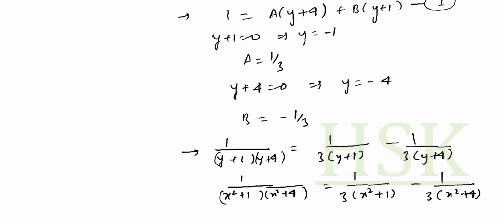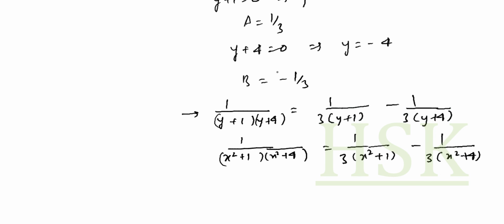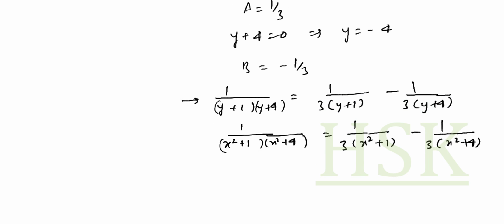Here one thing should be kept in mind. We have not done any substitution related to integration. We have just replaced the value. So the value of the required integral is equal to the integration of 1 upon 3 into x square plus 1 minus 1 upon 3 into x square plus 4.